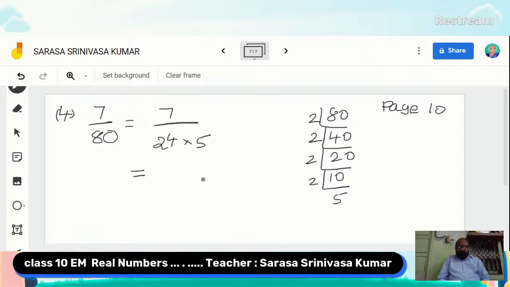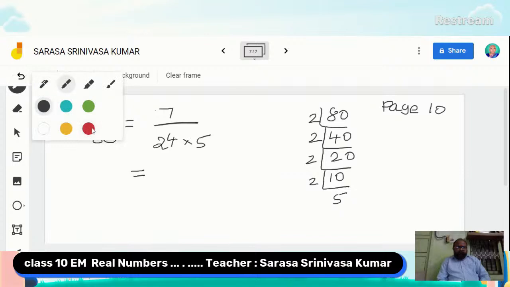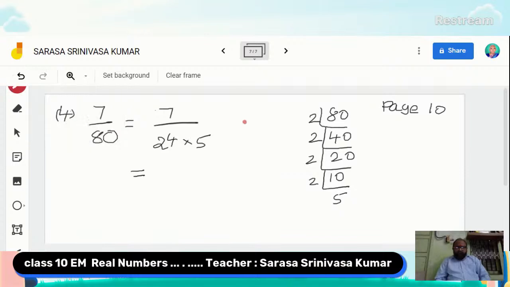This is equal to. Now my question is, there is 2 power 4 and 5 is also there in the denominator. By which number we must multiply? Now, if you observe this, I want to get the form 10 power 4 in the denominator. So 2 power 4 is there and 5 is also there.